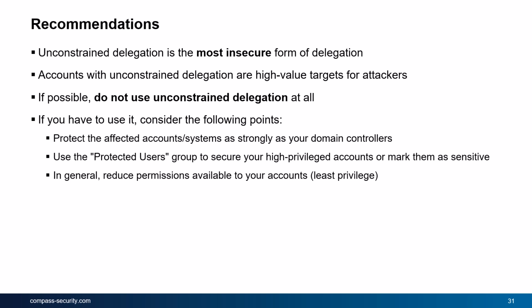And then in general, of course, reduce the permissions available to your accounts. So if every second user in your domain has domain admin privileges or other high level privileges applied to it, then of course it makes the abuse much easier for an attacker because every second user is a high value target then. Then it also helps to disable all those kinds of coercion and remote connection trigger mechanisms like the print spooler and so on.